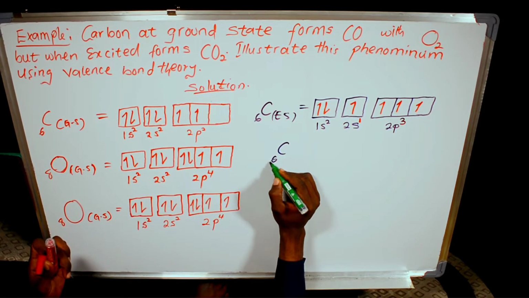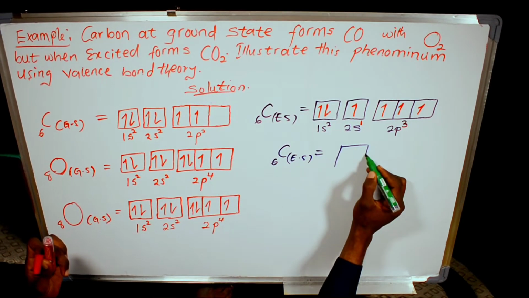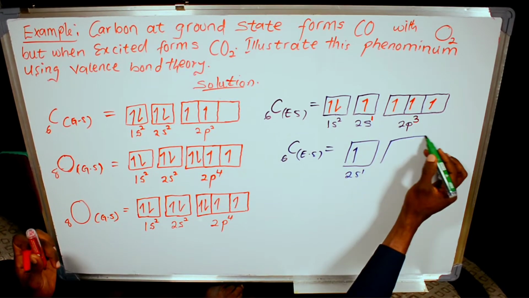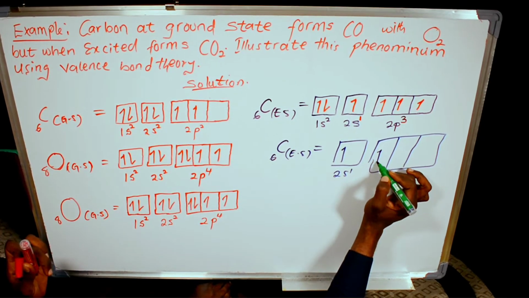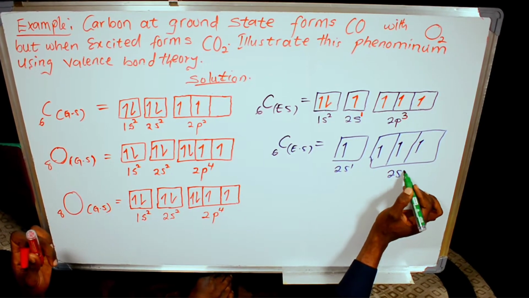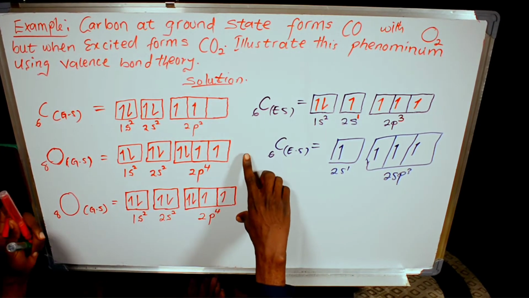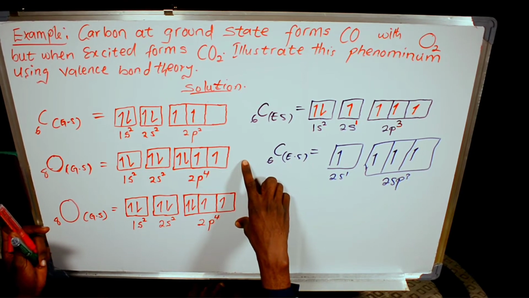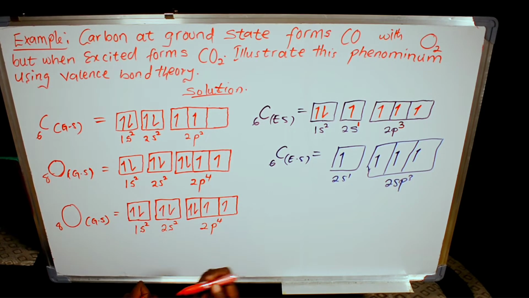Let's bring it down. Carbon at excited state. We have this box for 2s1, 1 electron inside. Then the next box which contains 3 electrons, 1, 2, 3 for 2p3. So now for the oxygens, we bring only the p orbitals. Since it is in the p orbitals, we have two boxes containing single electrons.